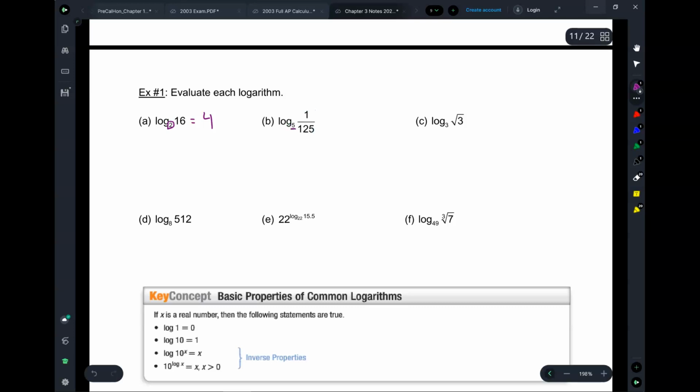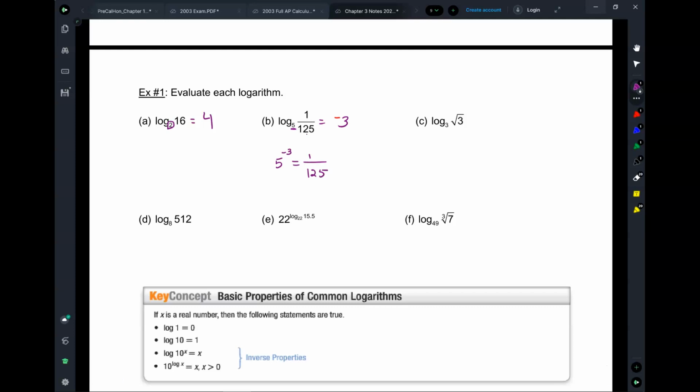What should be the exponent of 5 to get you 125? 3. Now, because you're going from a whole number to a fraction, you add a negative here. Why? Because 5 to the negative 3 is 1 over 125.